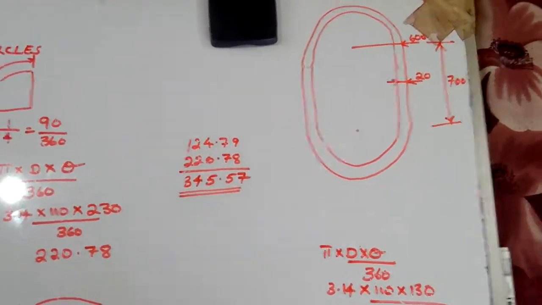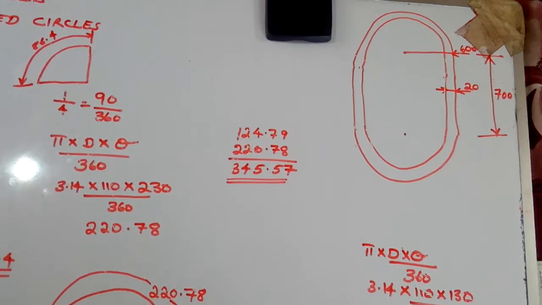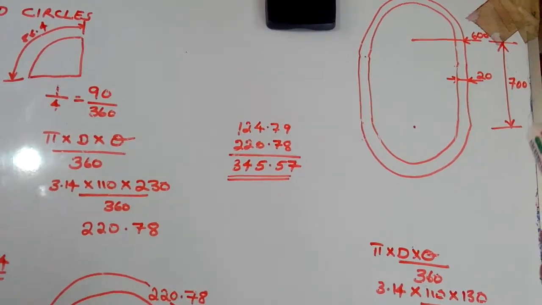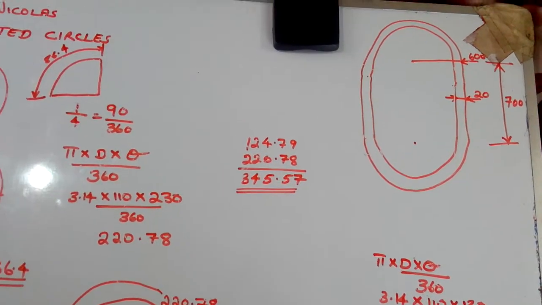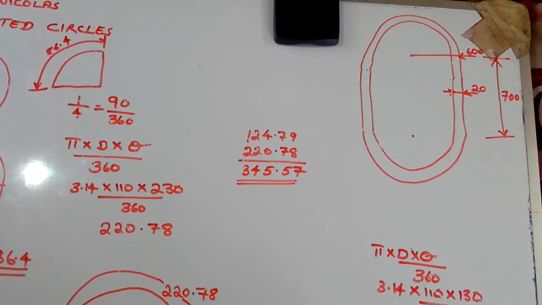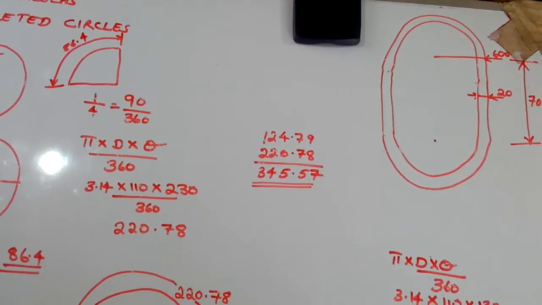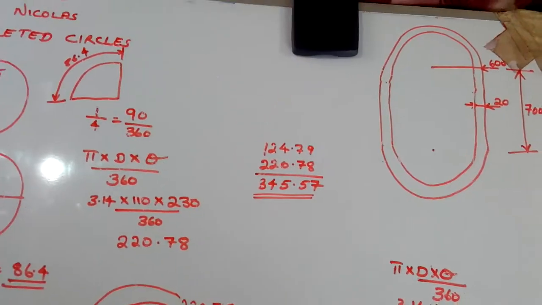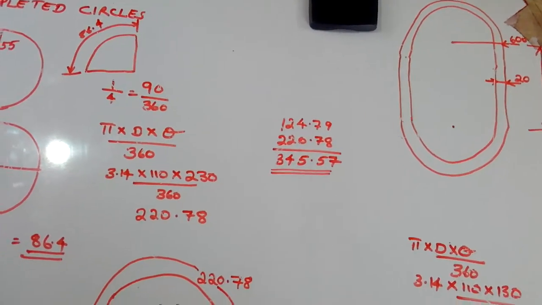When we add these 4 measurements, we will get one length. That will be the length of this job we have to take before rolling, before bending. That is called its development length.